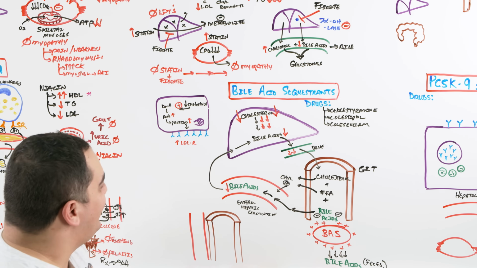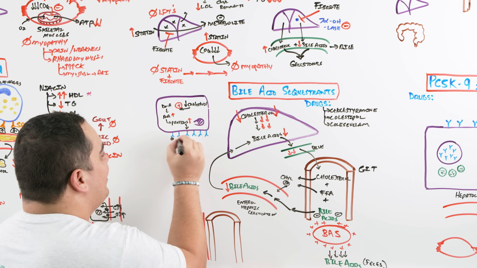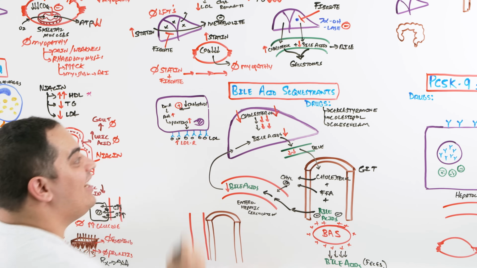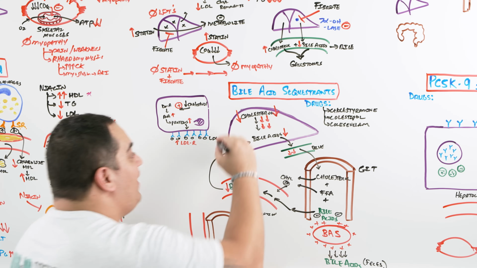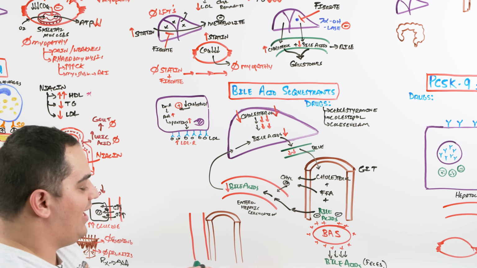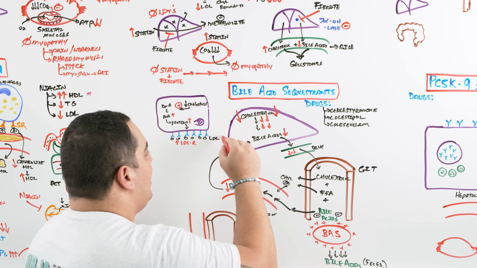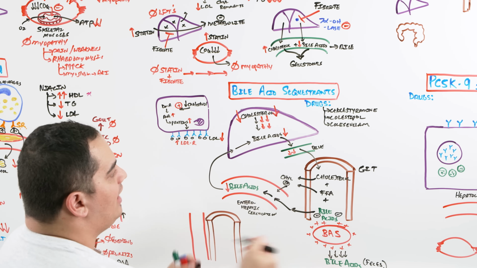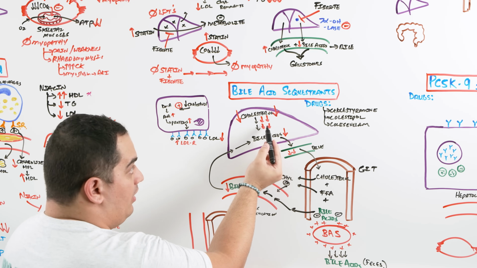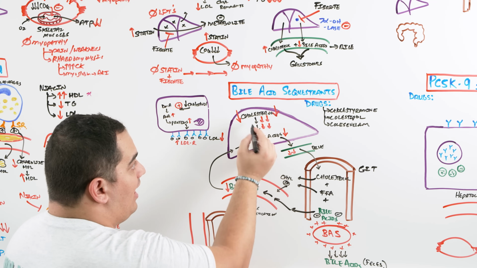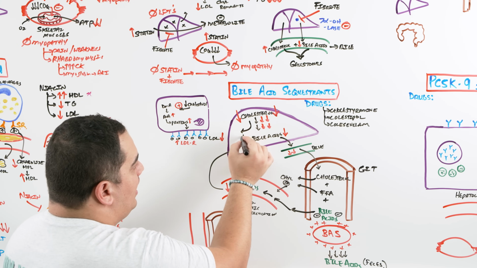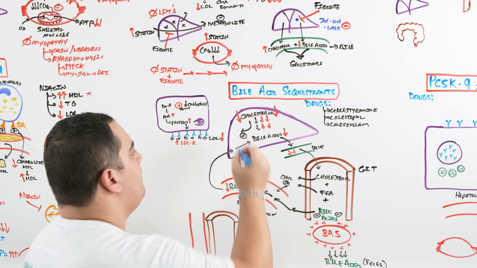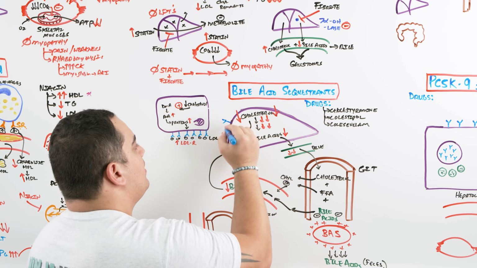That'll increase the RNA, increase the proteins, and increase the number of LDL receptors. If I increase the number of LDL receptors, all of these LDL molecules will be taken up into the liver, and I'll effectively drop my LDL levels. So one of the concepts here is that low cholesterol, all being shunted into making bile acids, is going to stimulate an increase in LDL receptors.